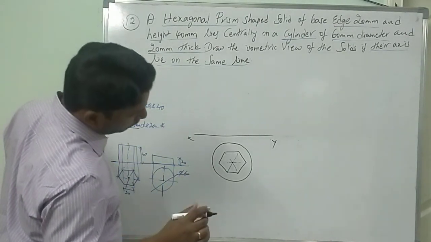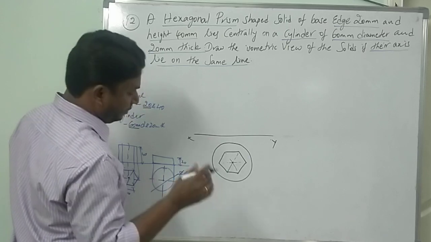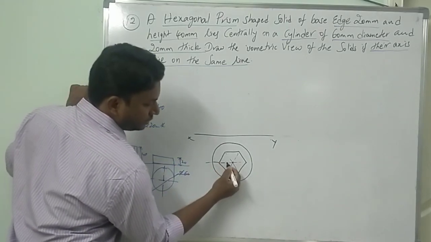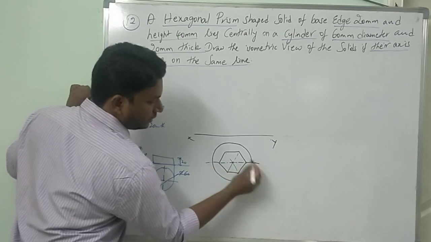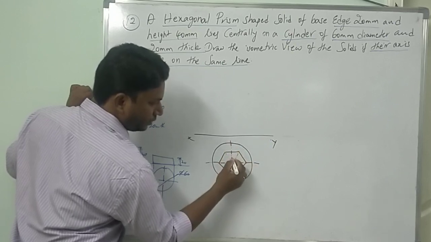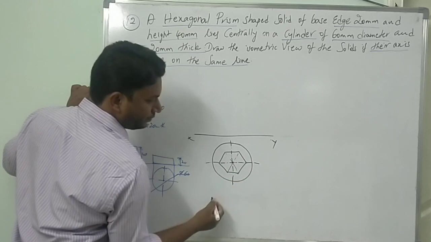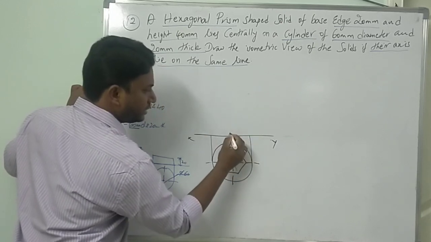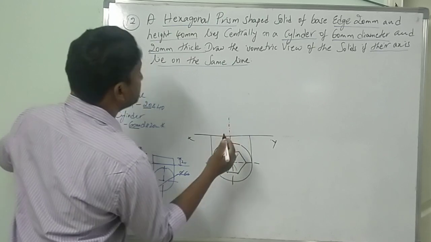Now, the next step is the front view construction, right? Now this becomes the circle center point, right? Drawing the projectors, extending the axis.